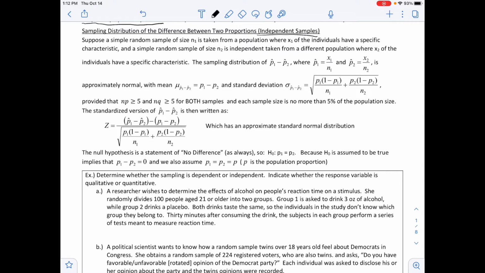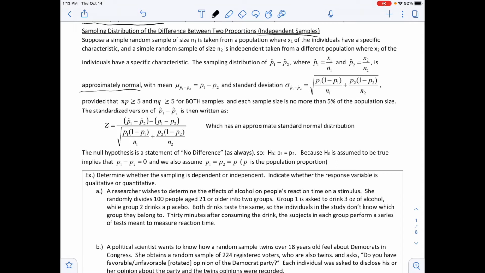The sampling distribution of p1 hat minus p2 hat, so we're looking at the difference, where p1 hat is x1 divided by n1, and p2 hat is x2 divided by n2, is approximately normal with a mean of the difference between p1 and p2 and a standard deviation.